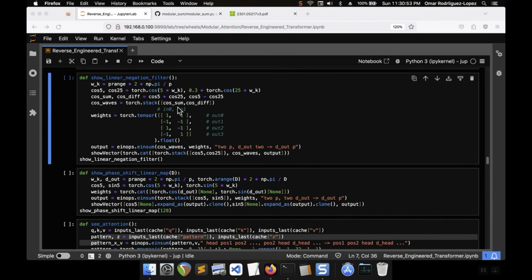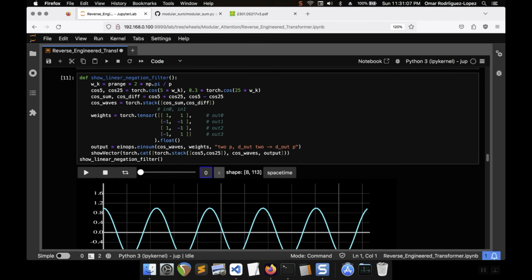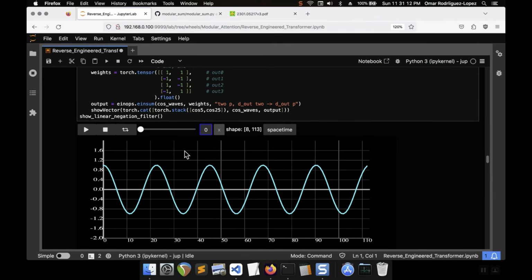Anywhere where there's a linear transformation, you are going to be filtering frequencies, shaping them however you like, adjusting the phase, canceling frequencies out. So I'll show a basic example of a filter that negates waves. This is really pretty simple signal processing stuff.